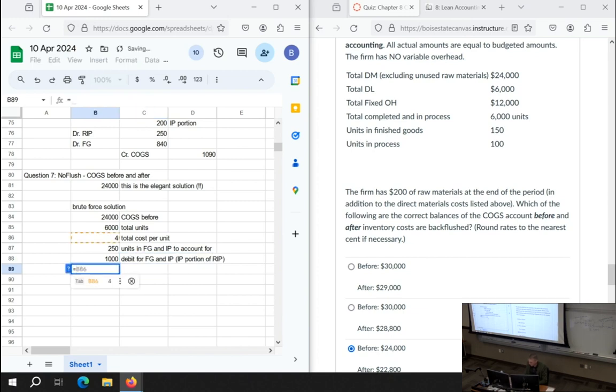And I need to make sure I add in $200, the portion for RIP. So this is the total debit during the backflush entry. So I take this before, subtract away the total debit, and that is my COGS after backflush.